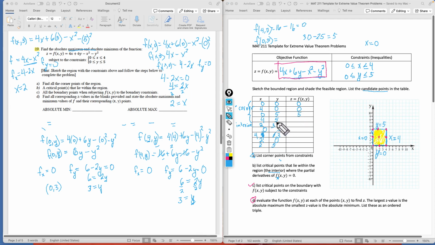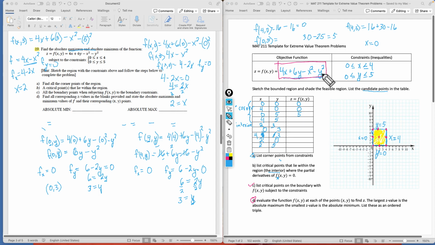We're going to evaluate the point (4, 5). f of (4, 5). So we plug in 4. 4 times 4 is 16. 6 times 5 is 30. Minus x squared. x squared was 4 squared, so that's minus 16.